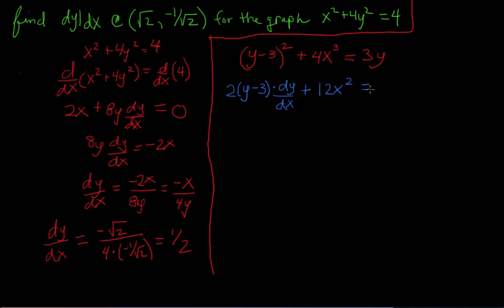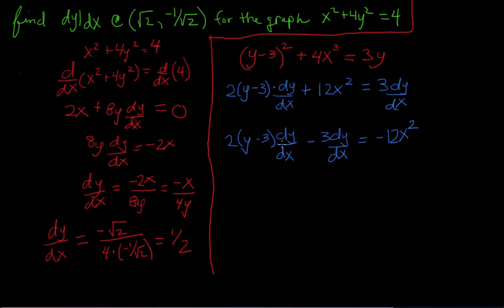And that's going to equal 3 dy/dx. Our next step is to get dy/dx by itself. So we get 2(y minus 3) dy/dx minus 3 dy/dx equals negative 12x squared.